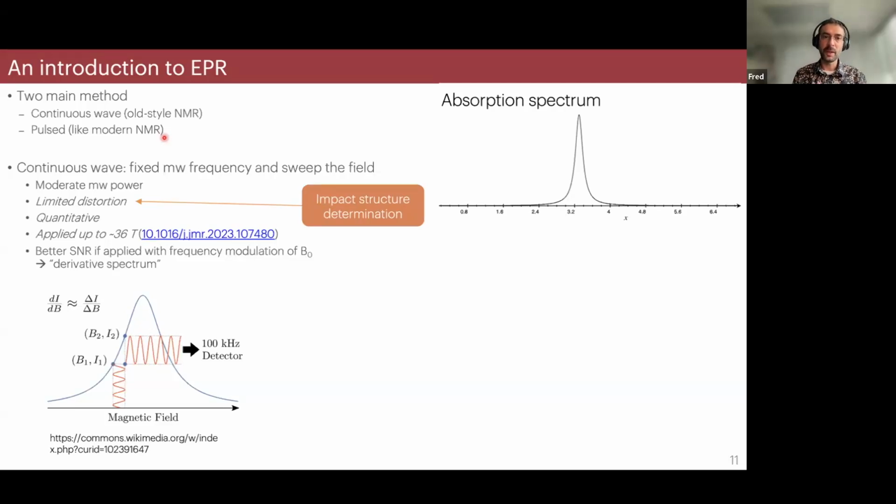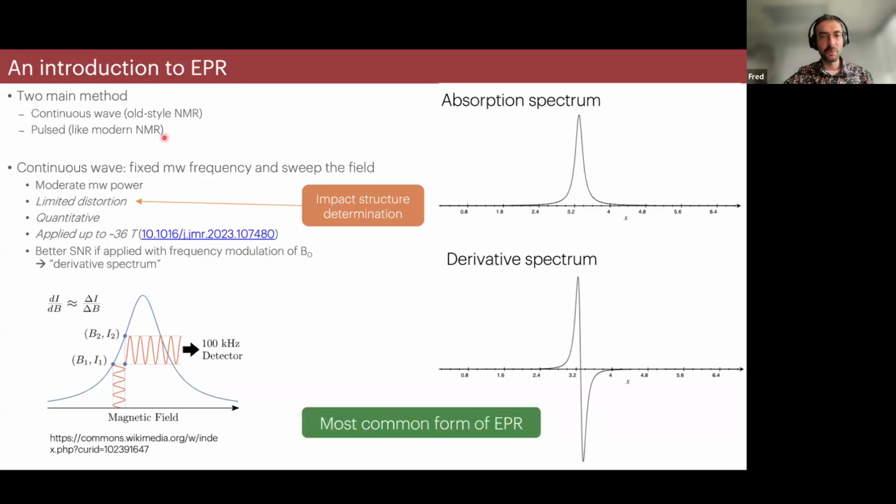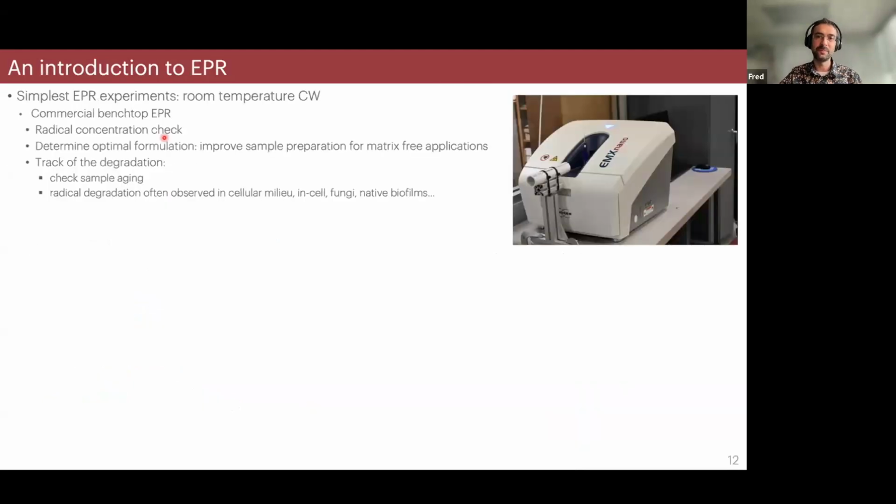So basically, the magnetic field is swept, but at the same time modulated. And if you detect synchronously, then you can obtain the derivative of a spectrum if you do it in the right conditions. And this is the most common form of EPR. And I'm sweeping under the rug so many details here. If you have questions, you can ask me later.